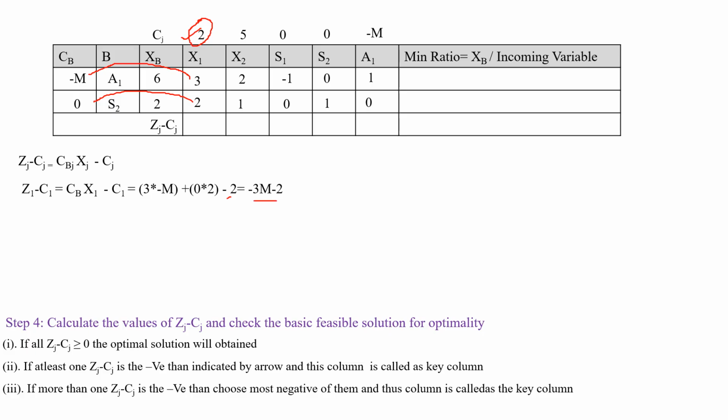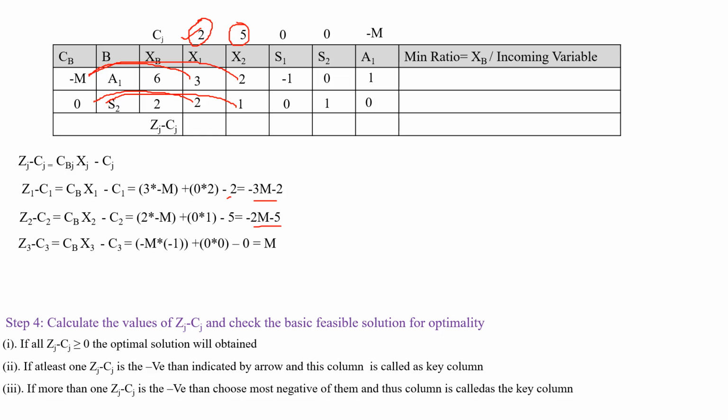Next we have to calculate Z2 minus C2 for the second variable. So it is CBX2 minus C2. So CBX2 is 2 into minus M plus 1 into 0, minus 5. So its value will become minus 2M minus 5.